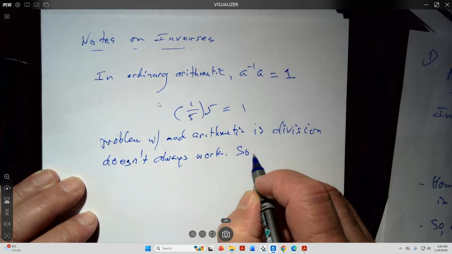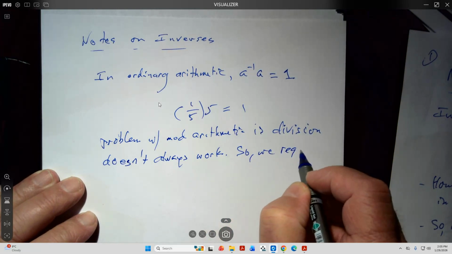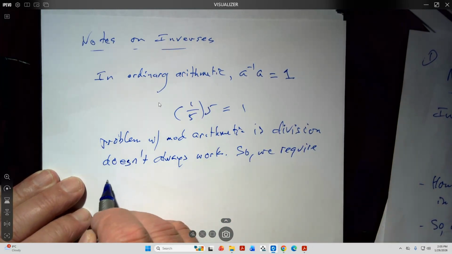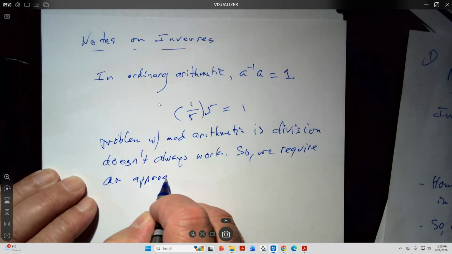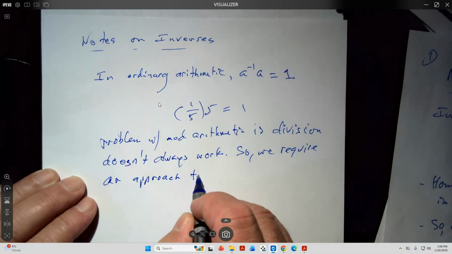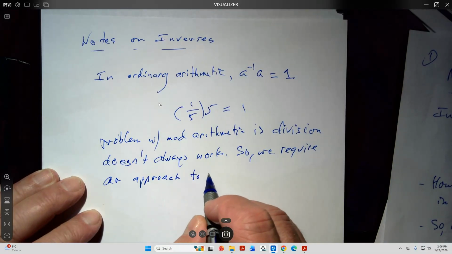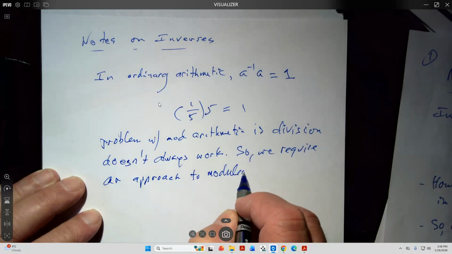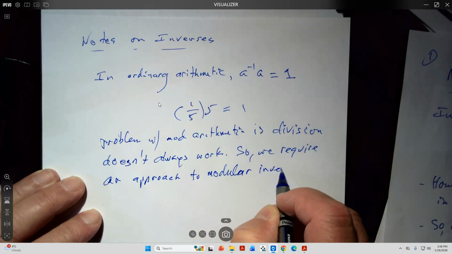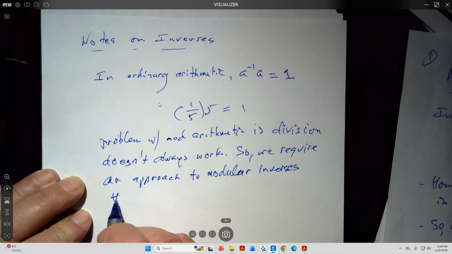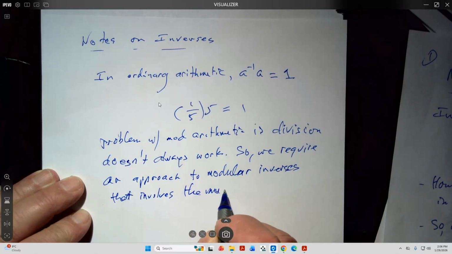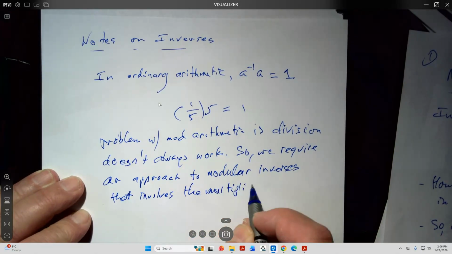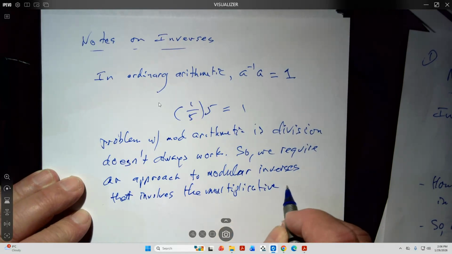So we require an approach to modular inverses that involves the multiplicative inverse.